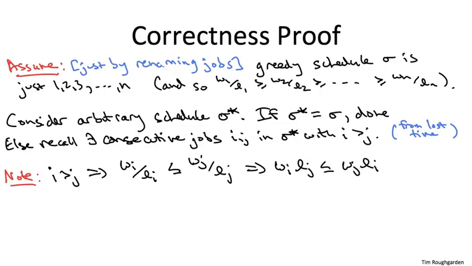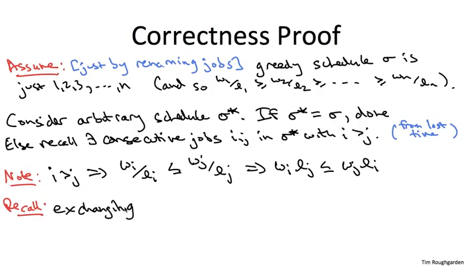Now, the next thing I want you to recall from our previous proof is that there are nice semantics for w_i l_j and w_j l_i, namely as the cost and the benefit of exchanging jobs i and j in the schedule sigma star.